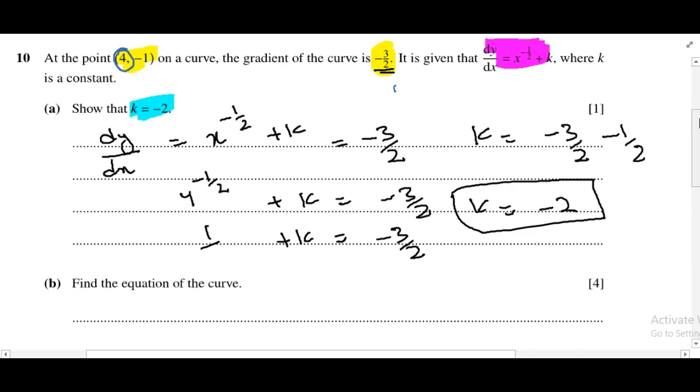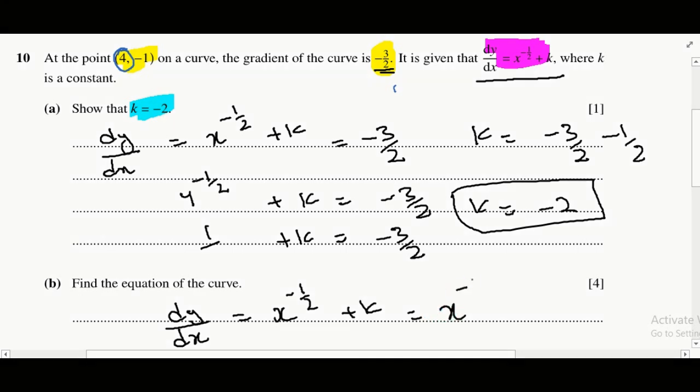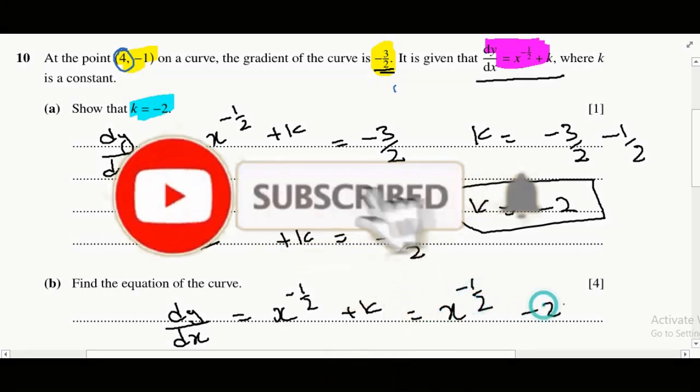In part B, we need to find the equation of the curve. In order to find the equation of the curve, we will integrate this differential equation. So our equation was dy/dx equals x to the power of negative half plus k, so x to the power of negative half minus 2.